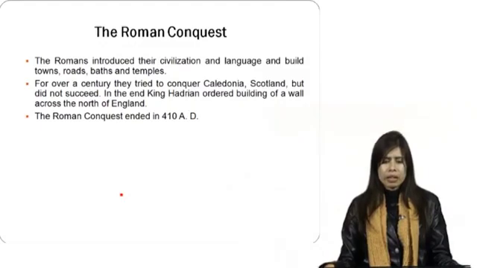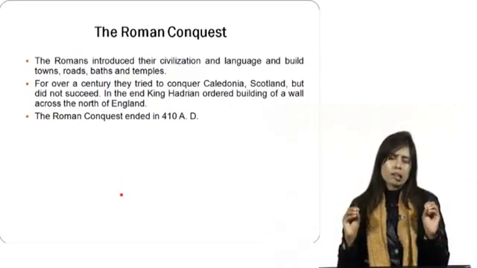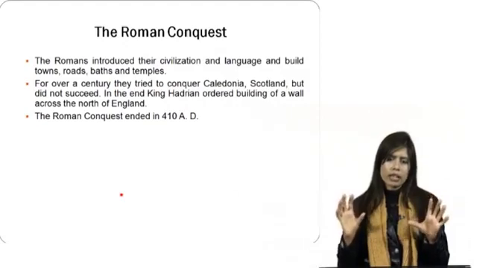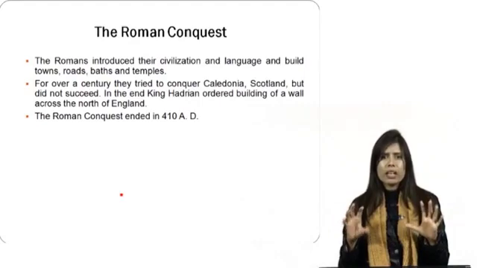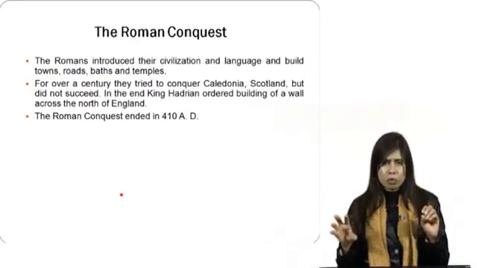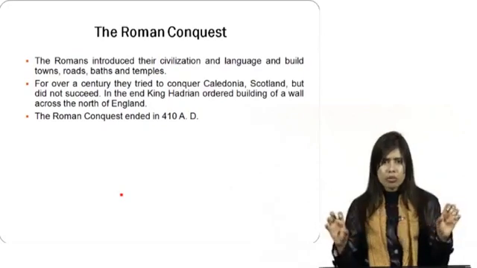In the end, King Hadrian ordered the building of a wall across the north of England. So when they were not successful against these people, their king ordered them to build a wall across the north of England.